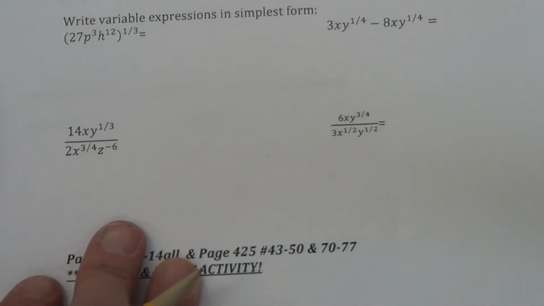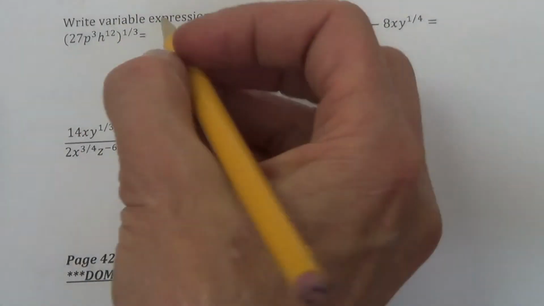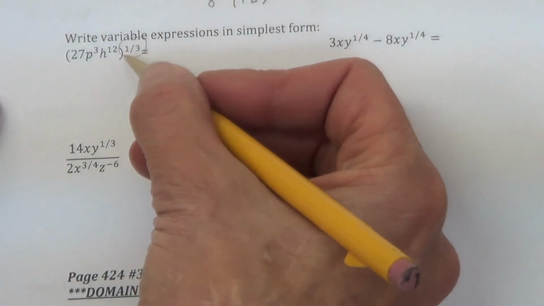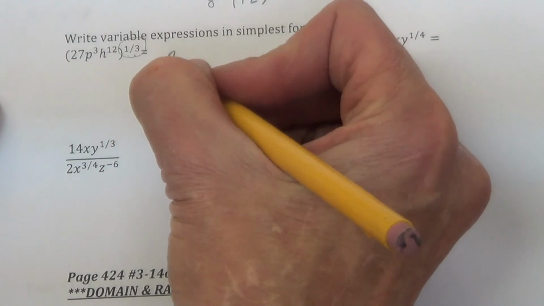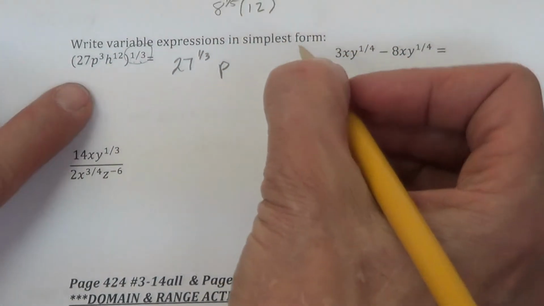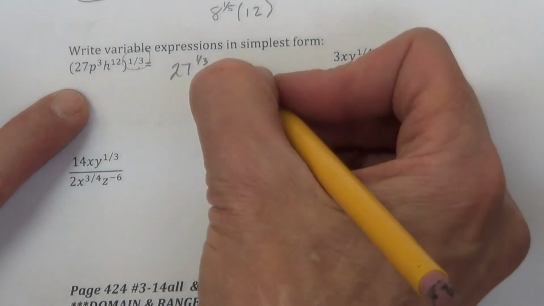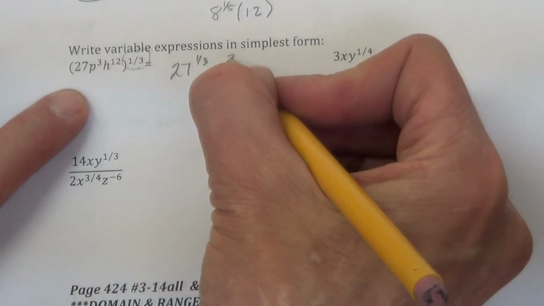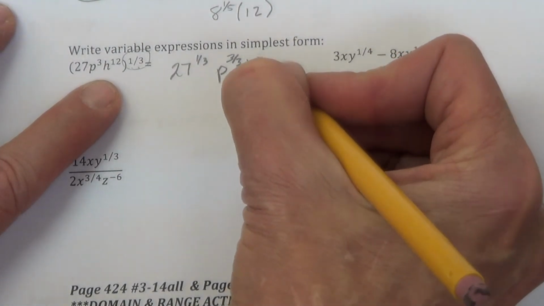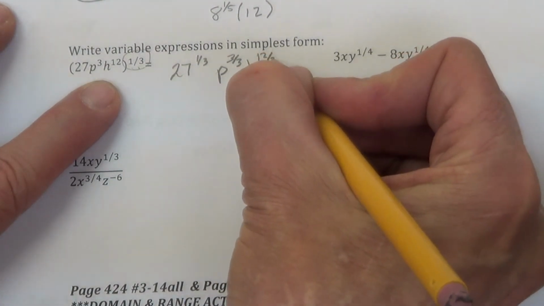Next problem. Go ahead and we distribute this variable in. So it's a variable of 1/3. We distribute it in. That would be 27 to the 1/3, P to the 3 times 1/3. 3 times 1/3 is 3/3. H, 12 times 1/3 is 12/3.